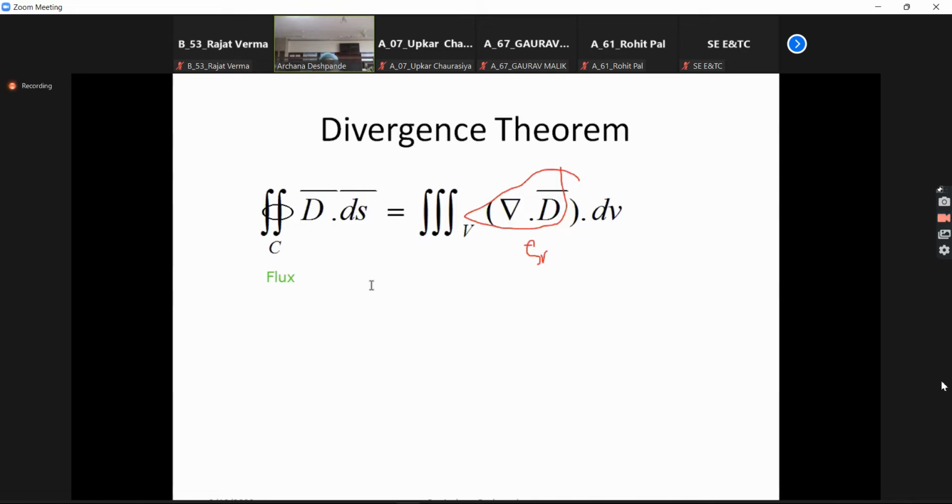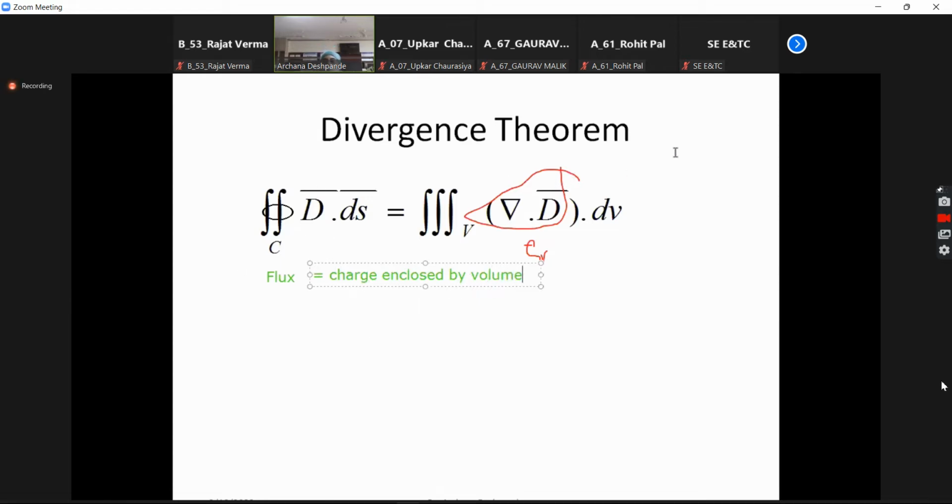So using the divergence theorem, one can relate the closed surface integral with a volume integral. So what we are basically calculating here is flux is equal to charge enclosed by the volume.